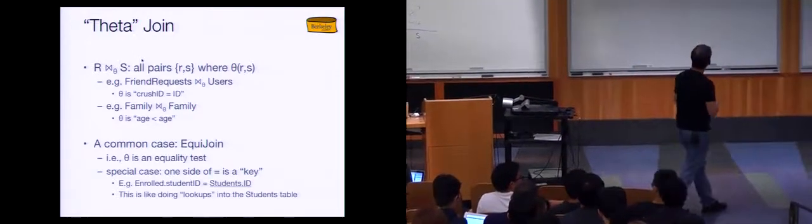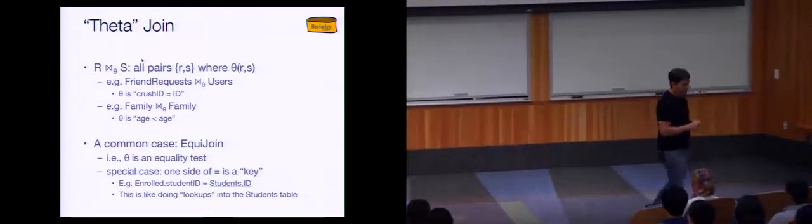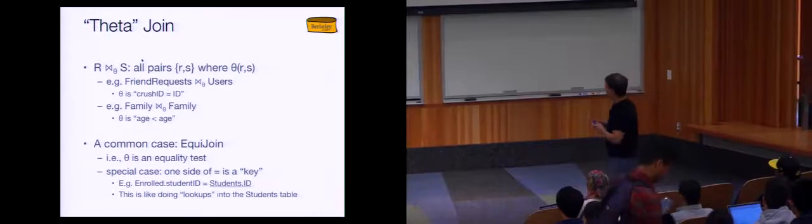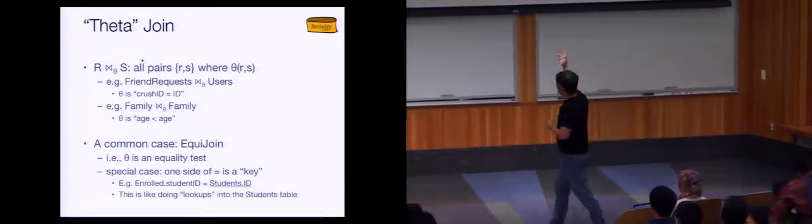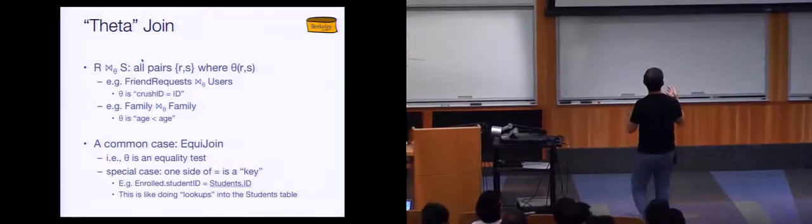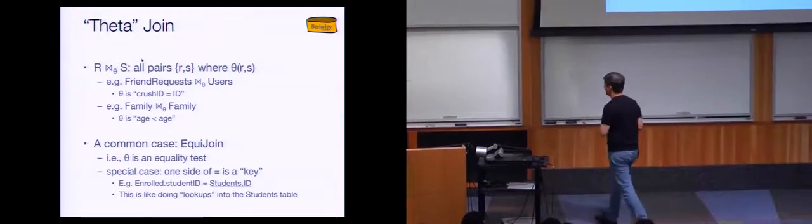So we might want to join up, say, friend requests with users, where maybe the friend request table has a column of people I have a crush on. Okay, that's the crush ID column, and users has an ID column, and the predicate is to compare friendrequest.crushid with users.id.